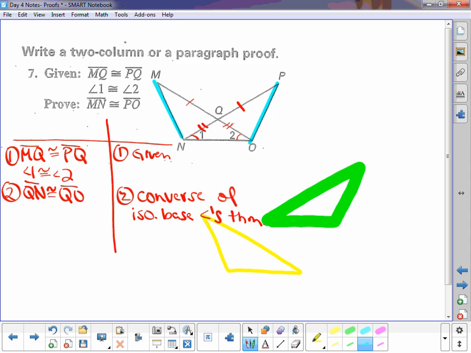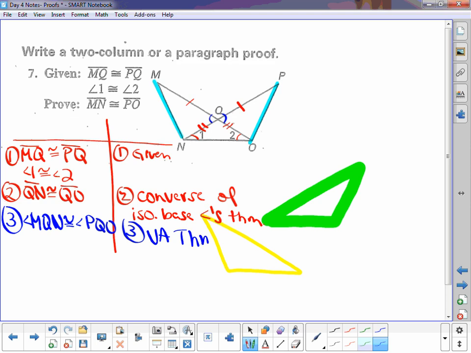Go ahead, Georgia. Angle MQN is congruent to angle OQP. Very good. We can see that sneaks up over and over again. And what is my reasoning there? Vertical angles theorem. Good.